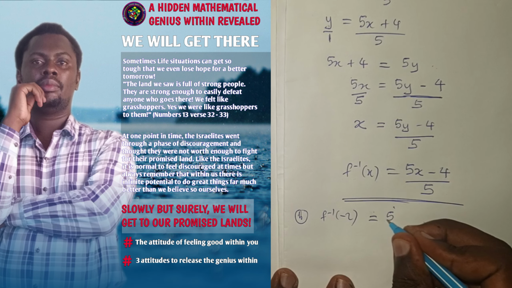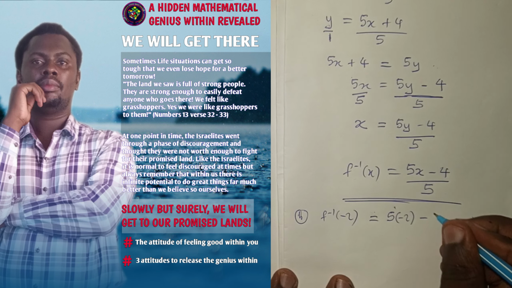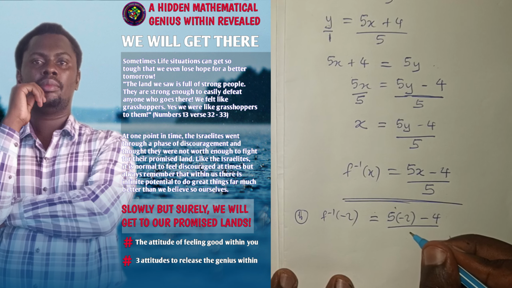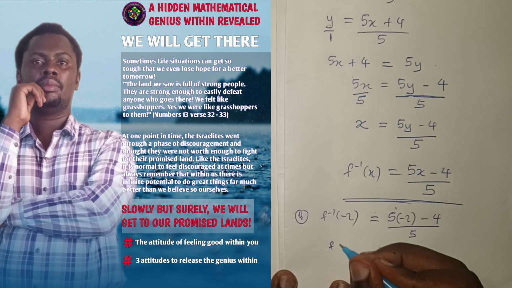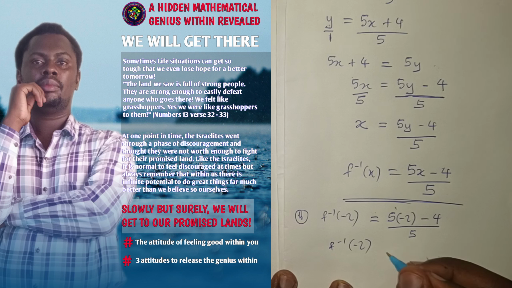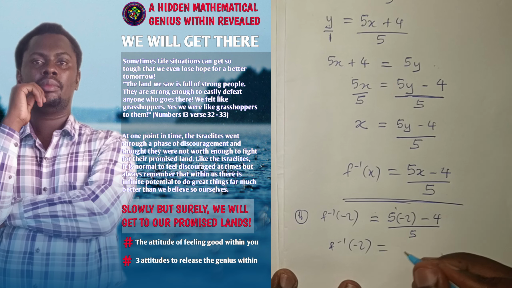So we have 5, then x is negative 2, so you put negative 2 there, then minus 4 over 5. So f inverse of minus 2 is equal to, what is 5 multiplied by negative 2? You get negative 10, then minus 4 over 5.